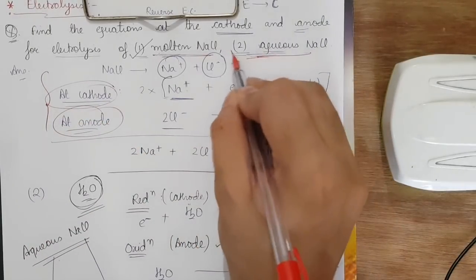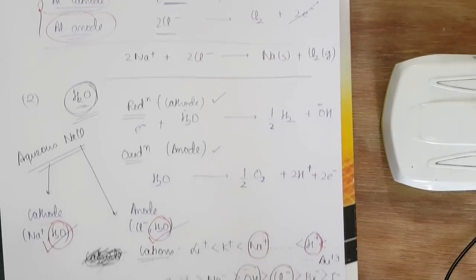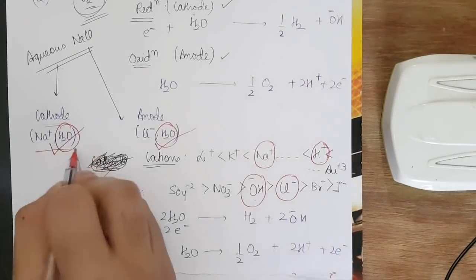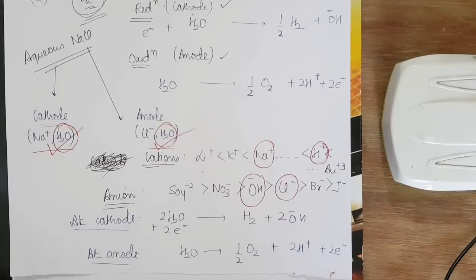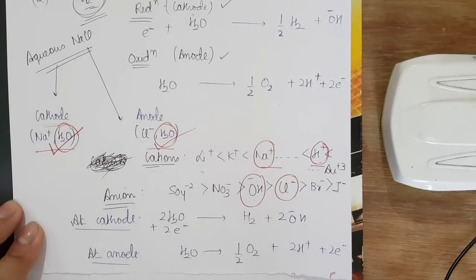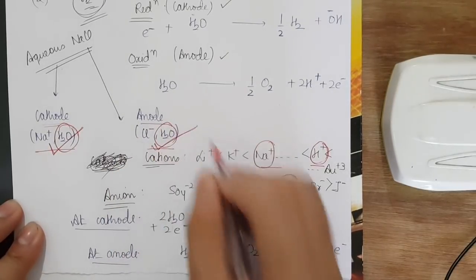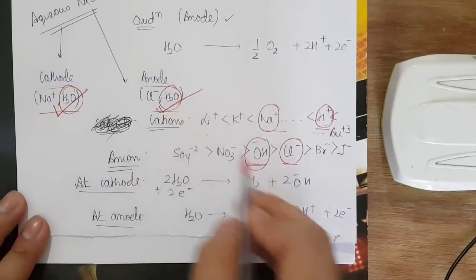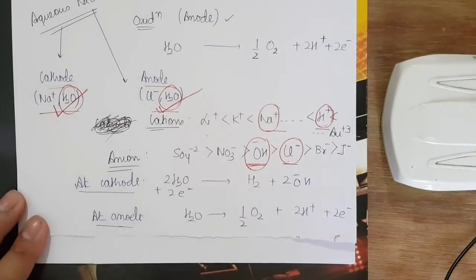But in the aqueous NaCl, due to the deposition rates which I have told you here, the deposition rate of H plus was more than Na plus, so thus H2O was taken into consideration. At the anode, the deposition of OH minus was greater than Cl minus, so that is why we have to consider at the anode the OH minus occurring here.